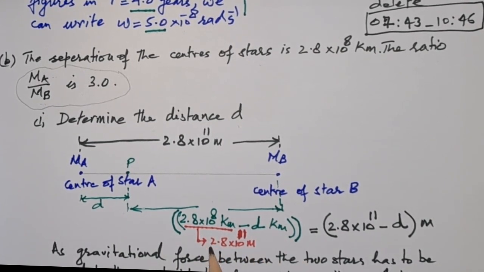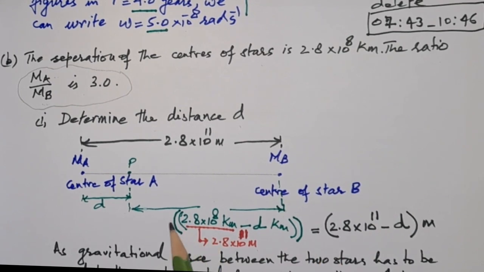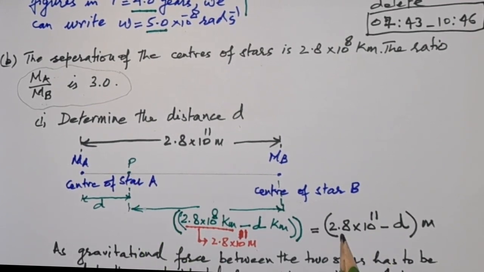So it works out to be 2.8 × 10^11 meter, and we write the distance of star B from P as 2.8 × 10^11 minus d meters.